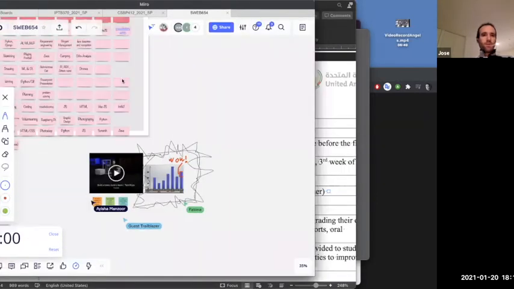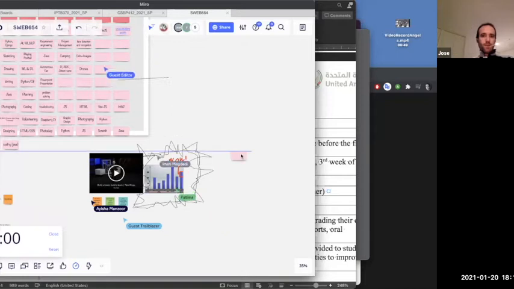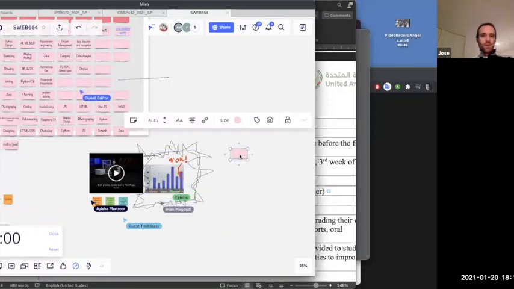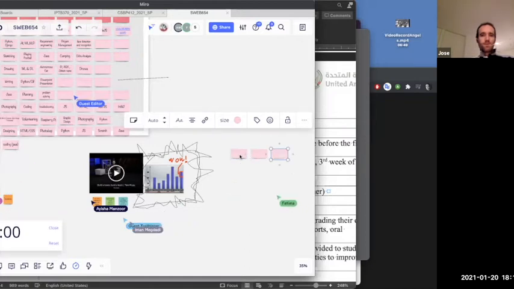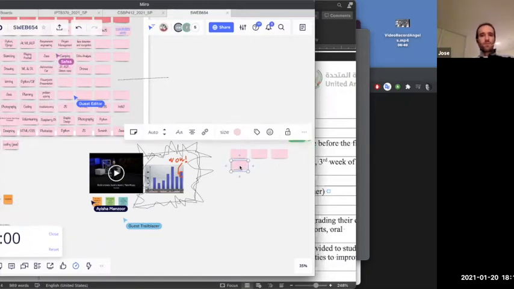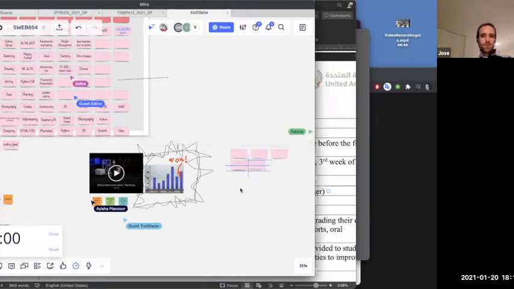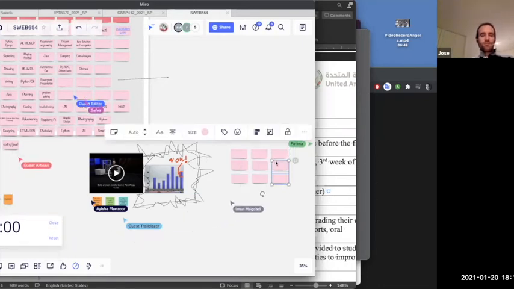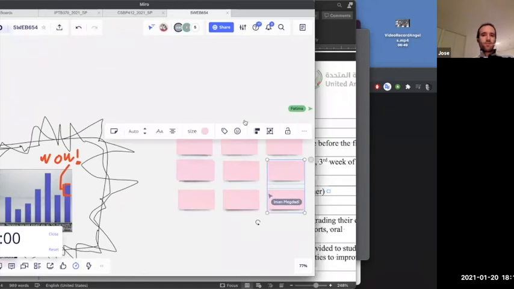Right. So before we proceed with design thinking, I want to ask you something in the middle board. I have prepared some post-its. I would like you to tell me what you would like to learn most in this course. What is the number one thing that you would like to learn in terms of software or in terms of skill?